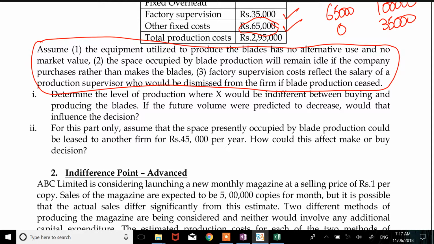Buying blades. Should shift to buying blades. Clear? Any doubts in this part?